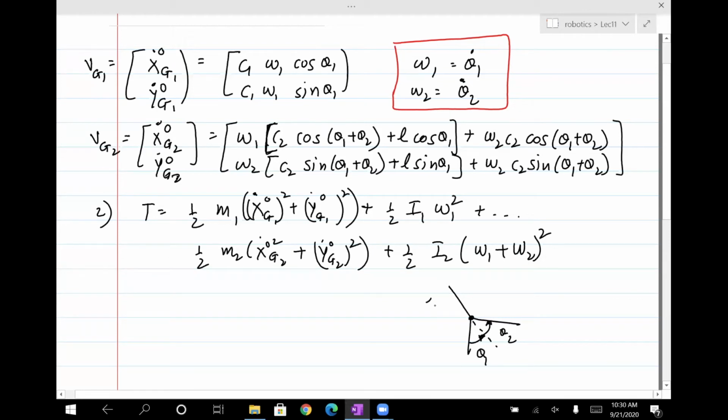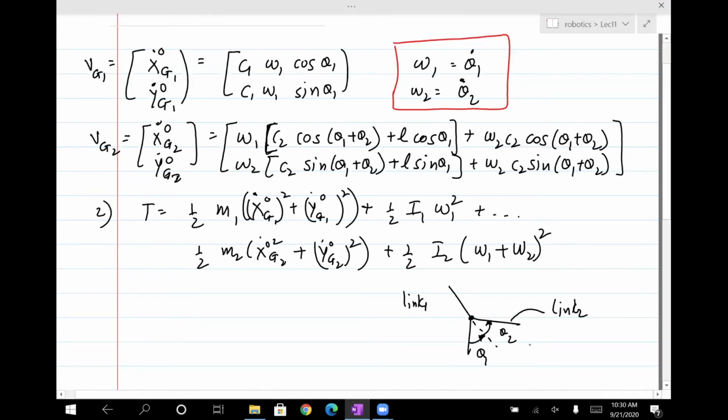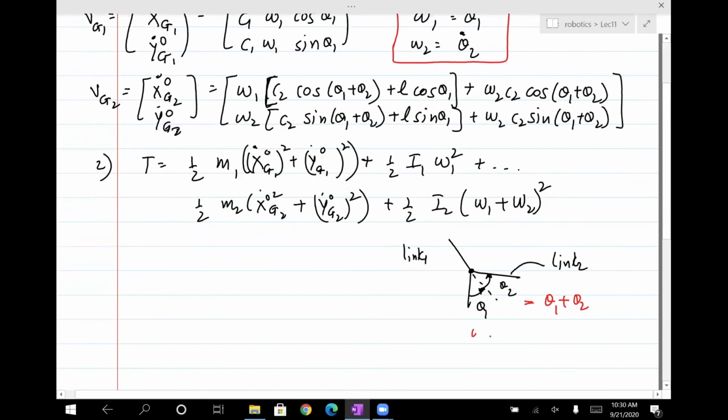This is link 1, and this is link 2. So because the angle made with the vertical is theta 1 plus theta 2, the omega of link 2 is theta 1 dot plus theta 2 dot, which is omega 1 plus omega 2. And that's what figures out here.